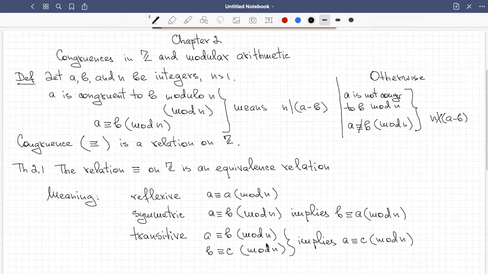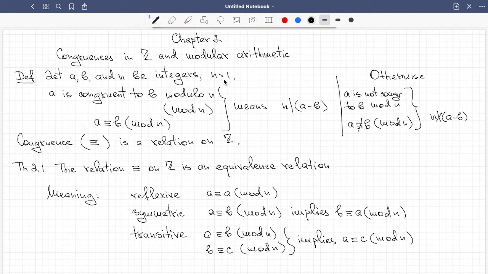Thus, for every positive integer n, we have a corresponding equivalence relation, congruence modulo n, on the set of integers Z.